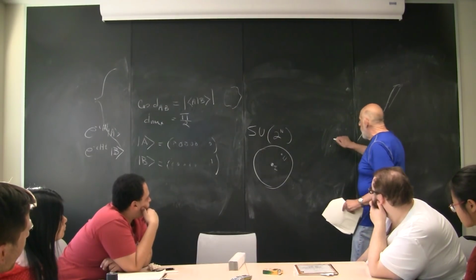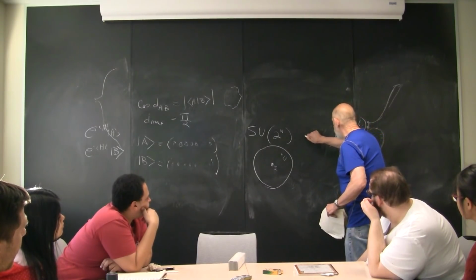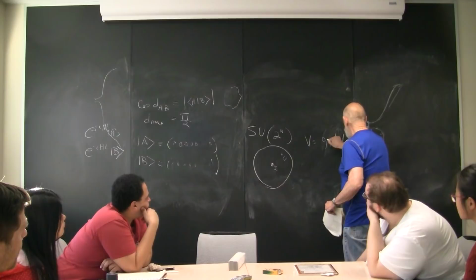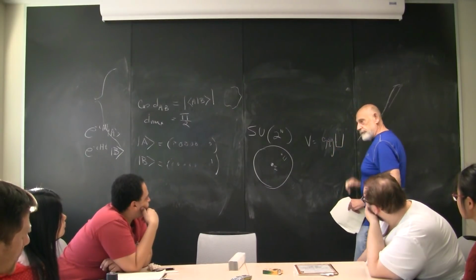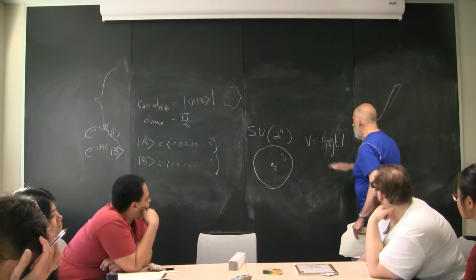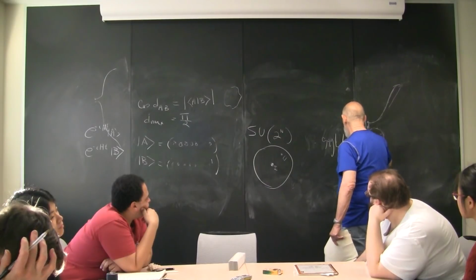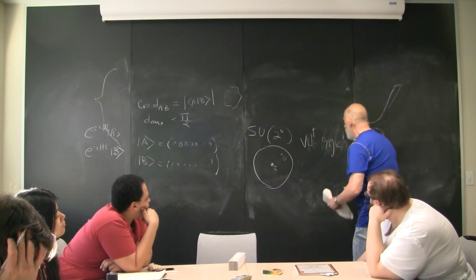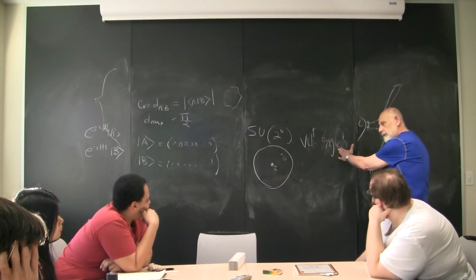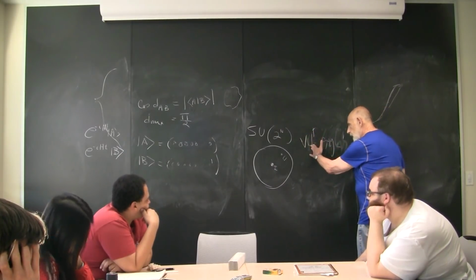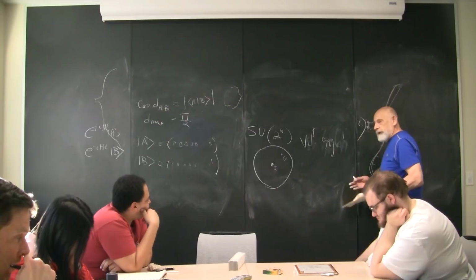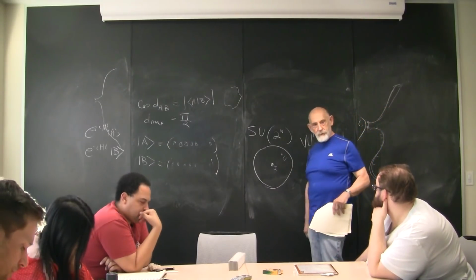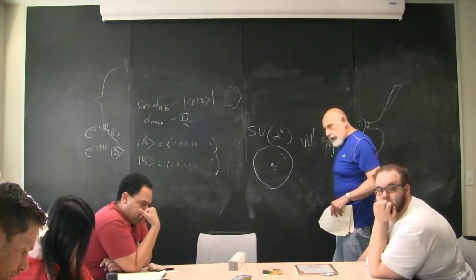You want to write that V is equal to G times U, and so we can write that G is equal to V U dagger. The number of gates here would be the absolute complexity. So there's a notion of relative complexity for unitaries as well as for states.